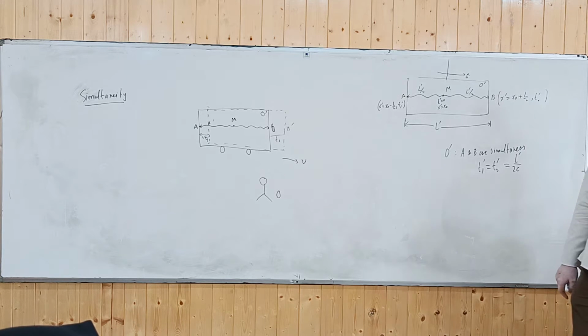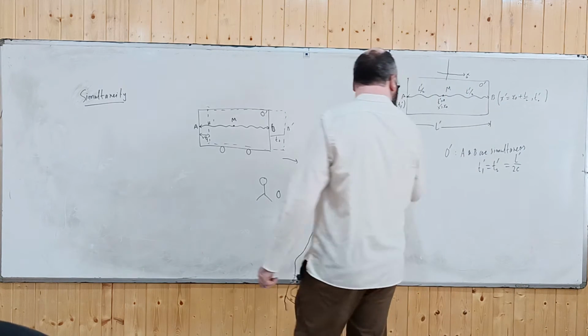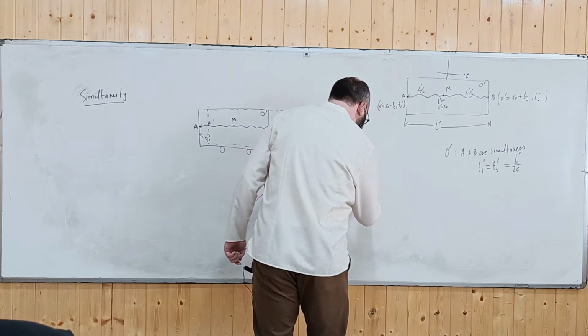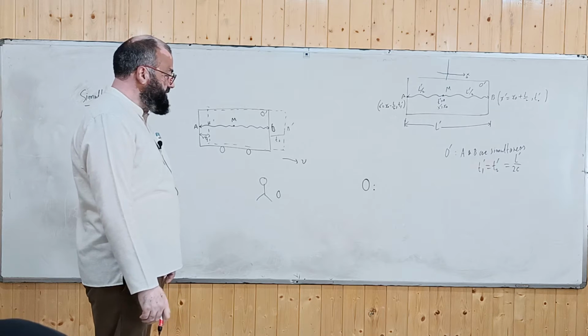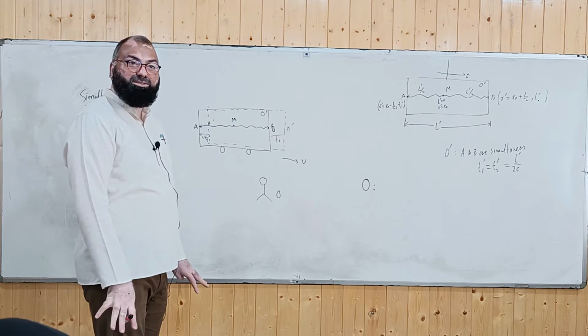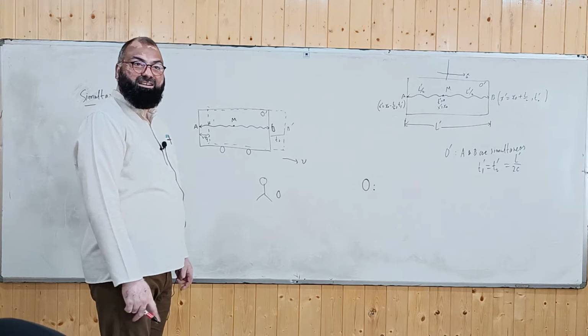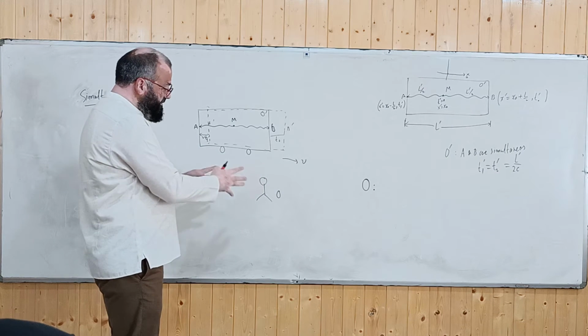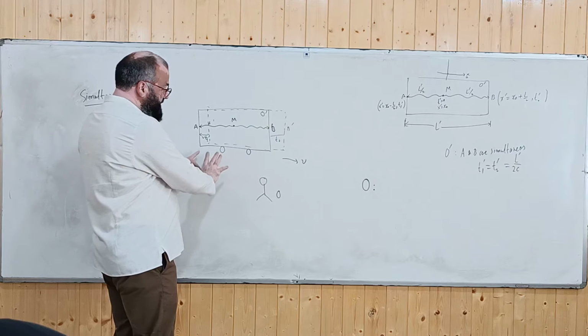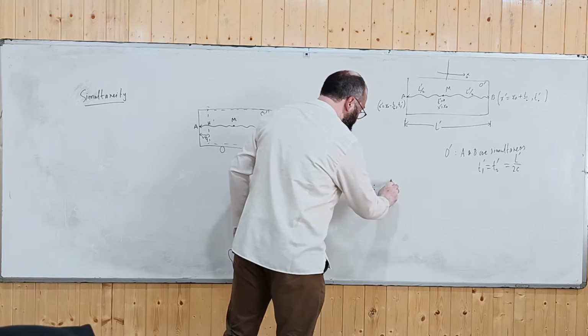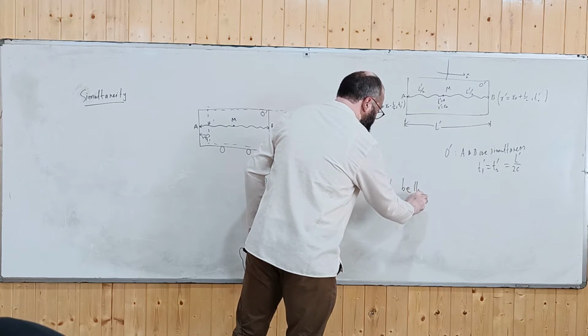Now, this is for observer O prime. Let's go to observer O and assign the coordinates for observer O. For observer O, let L be the length of the car.